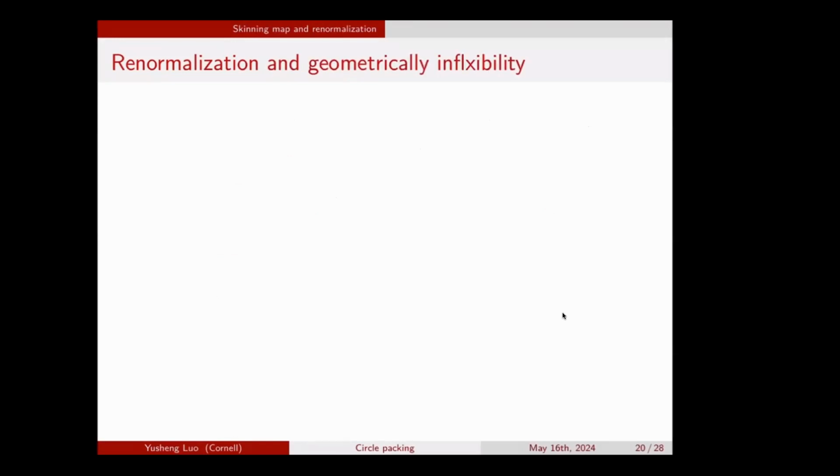And we also prove a version of the geometric inflexibility for these renormalizations. So although these circle packings are not rigid, they're geometrically inflexible. What do I mean by that?